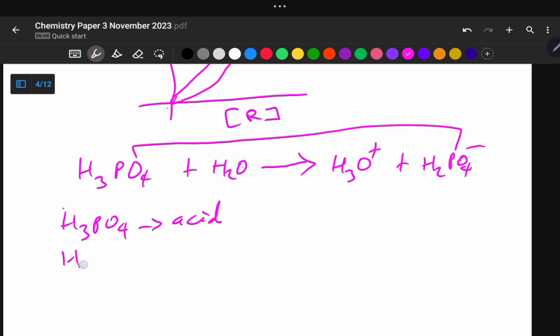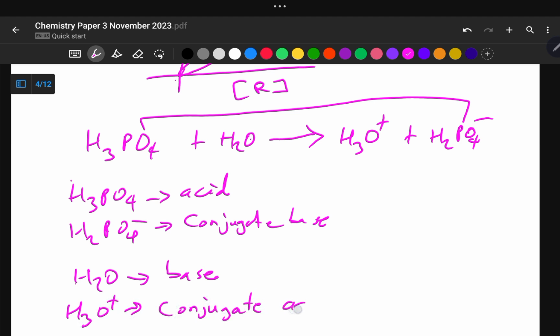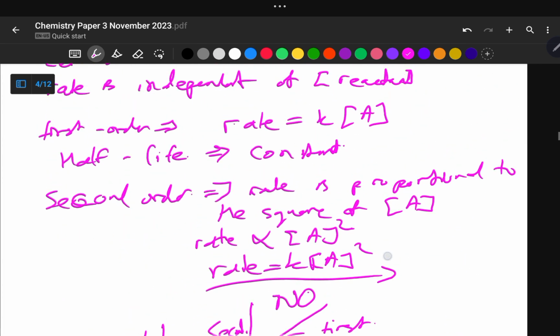And then we have H2O as the base, the proton acceptor, and then hydronium ion is the conjugate acid, the proton donor, right? So we've done what is required by the question.